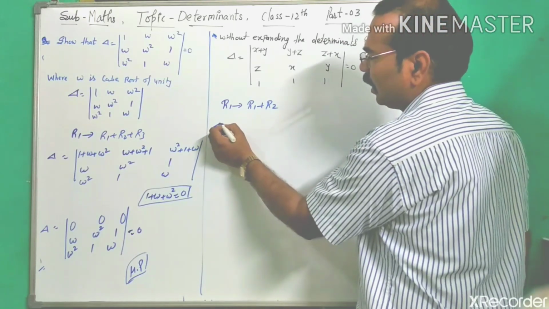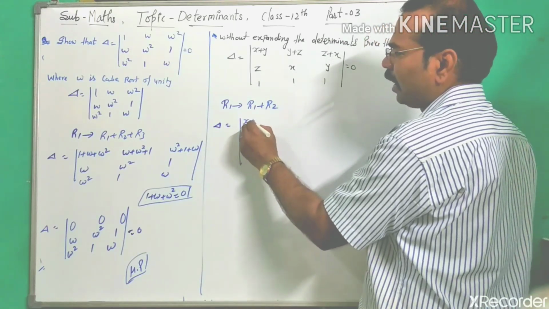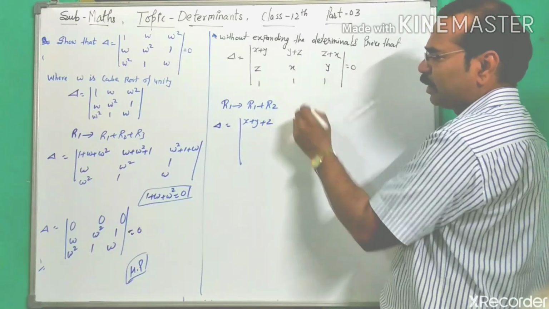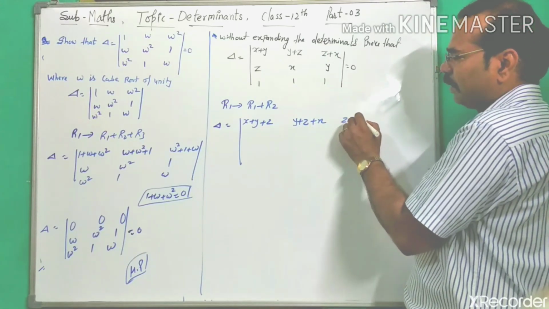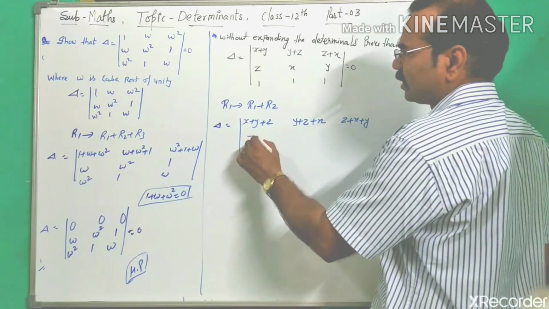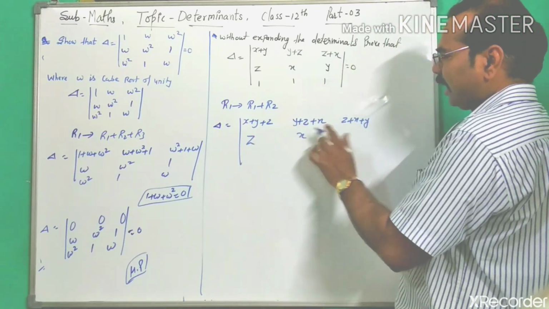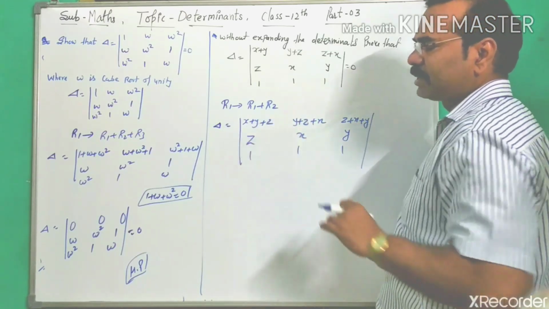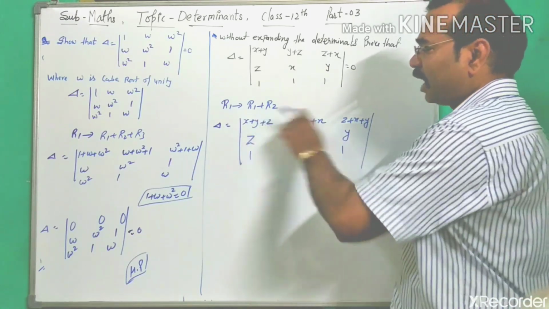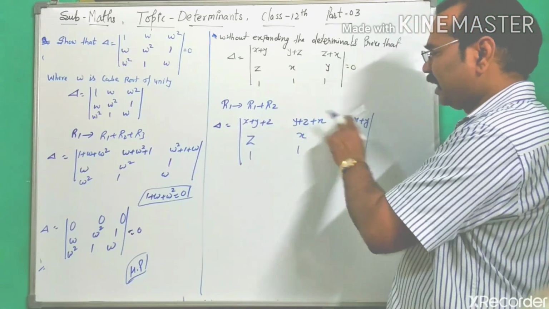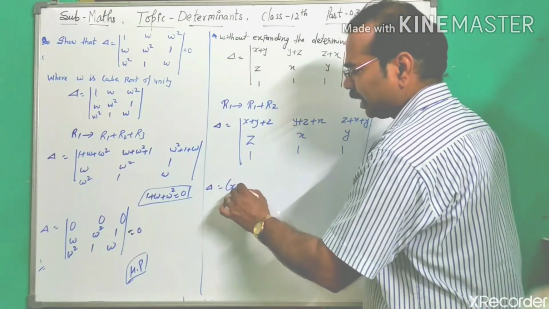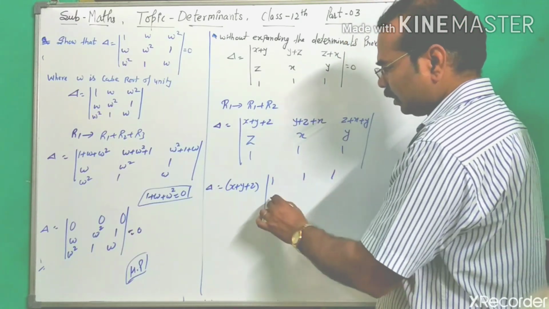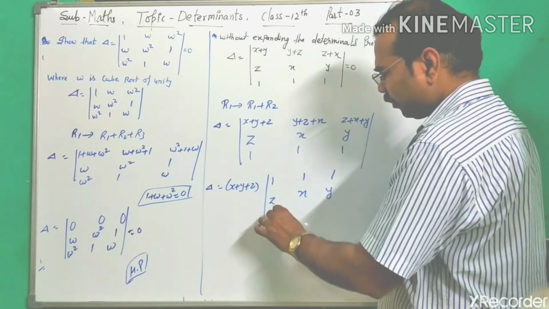Then del is equal to the first row x plus y plus z, x plus y plus z, x plus y plus z, with R2 being x, y, z and the last row 1, 1, 1. Now we take x plus y plus z common from R1. The rest of the values are 1, 1, 1, then x, y, z, then 1, 1, 1.